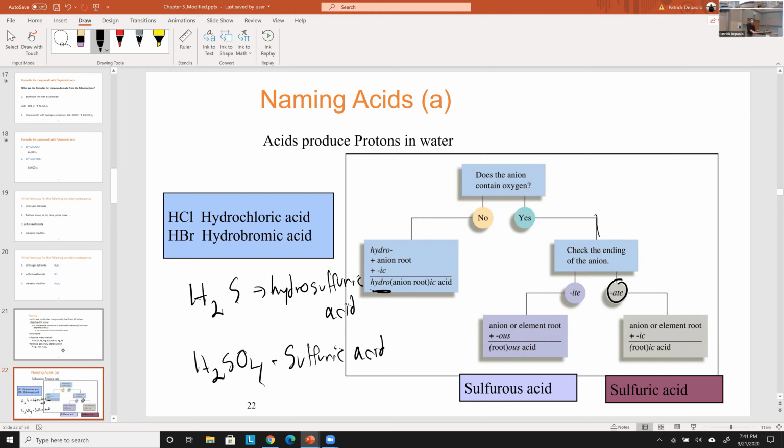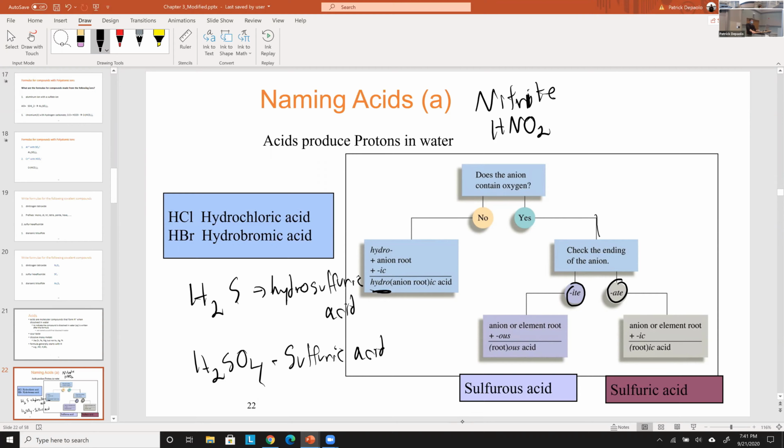Okay, so does that make sense? No? Kind of, maybe. Again, it's one of those things with practice, practice, practice makes perfect. So let's look at the other case. If the anion ends in ITE, we'll use nitrite as an example. Nitrite, HNO2.